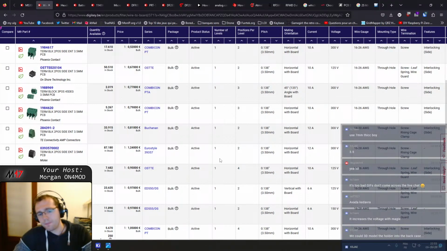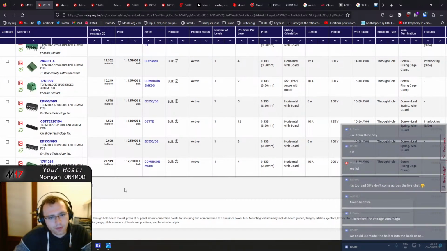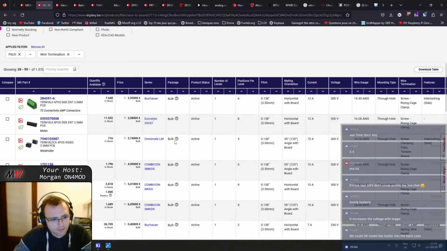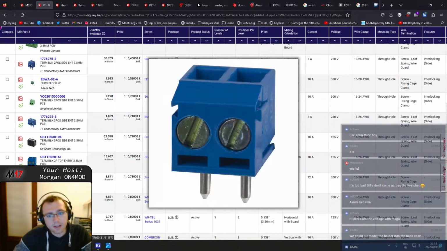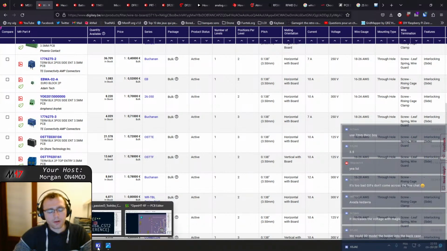You can power the proof of concept with a mere 230 volts, 10 amps. You can do EMC. Okay, anyway. 3.5mm terminal block it will be.